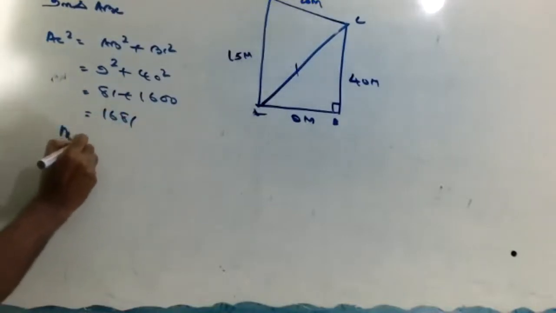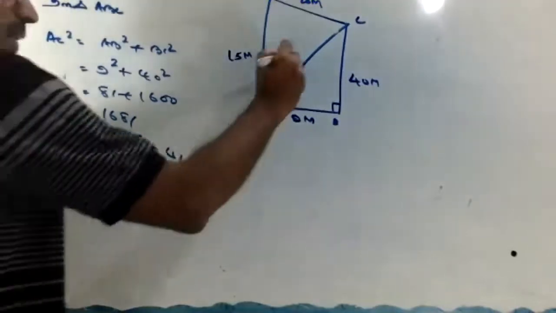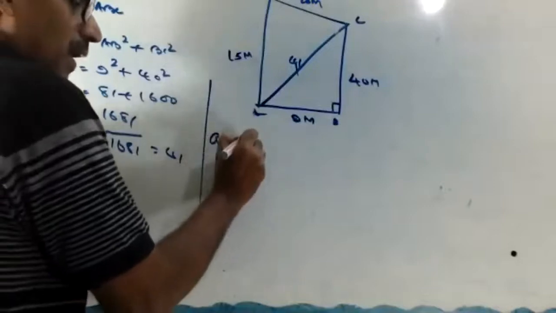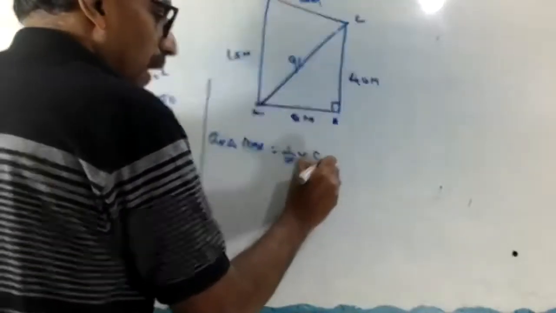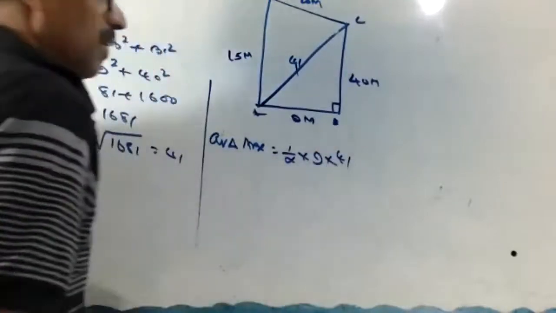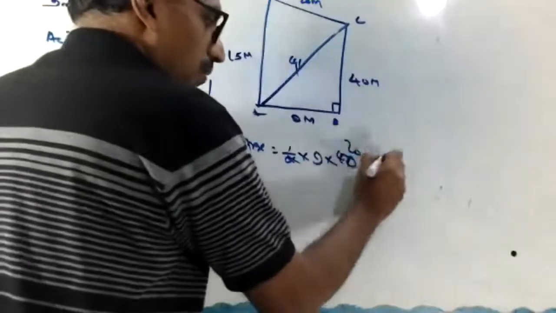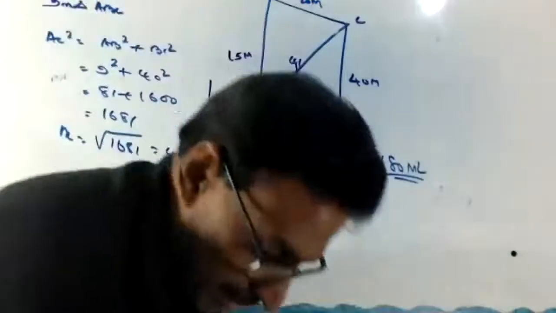So AC equal to root of 1681 equal to 41. Then area of triangle ABC, half into 9 into 40, that is 180 meter square. That's finished.